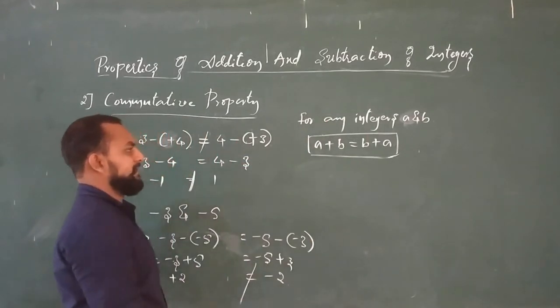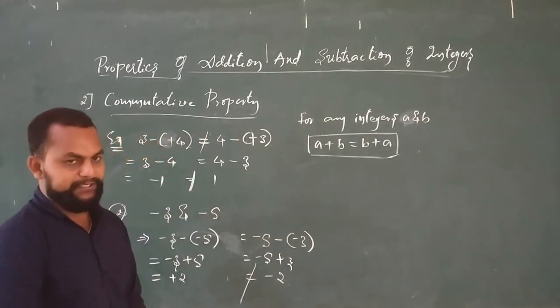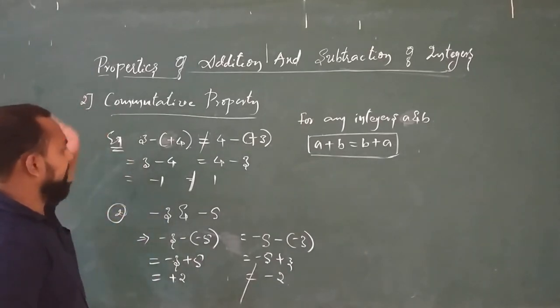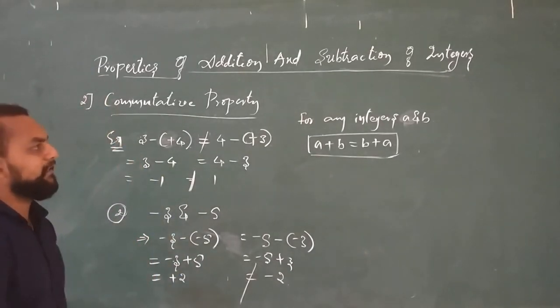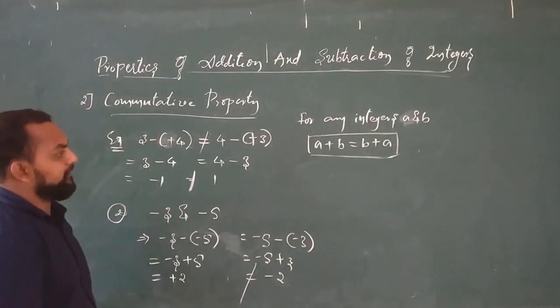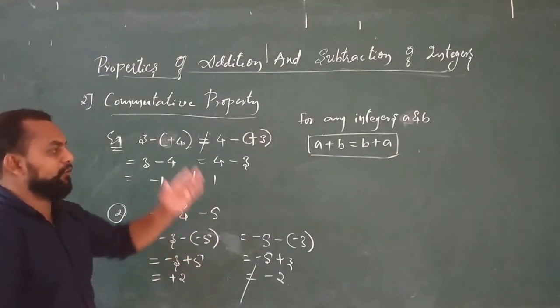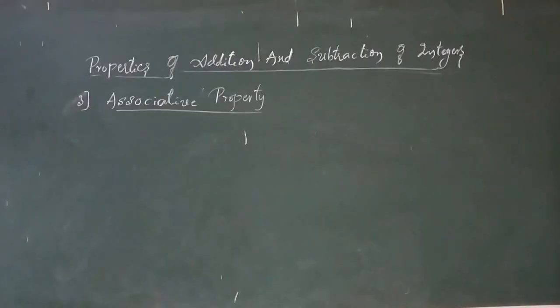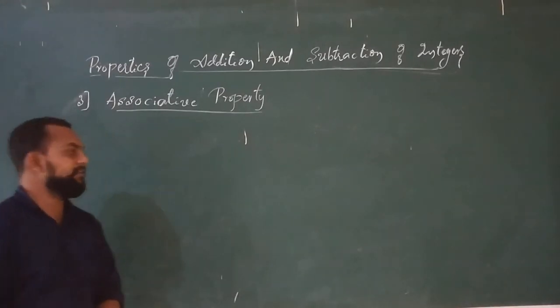This is satisfied in the integers under addition. The integers are not commutative under subtraction. These are the properties of addition and subtraction of integers.